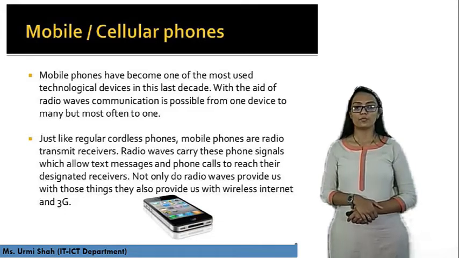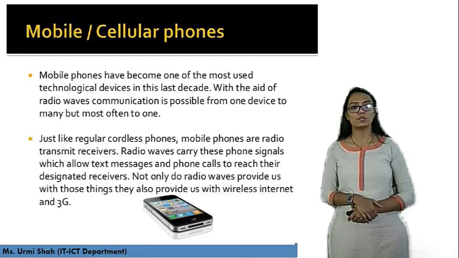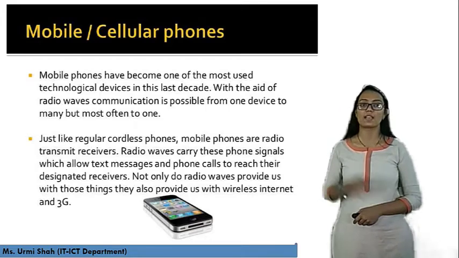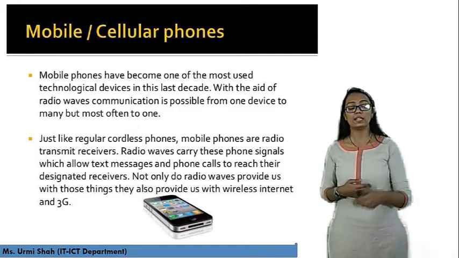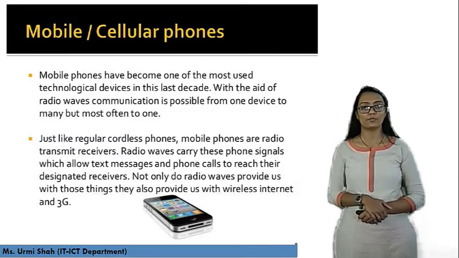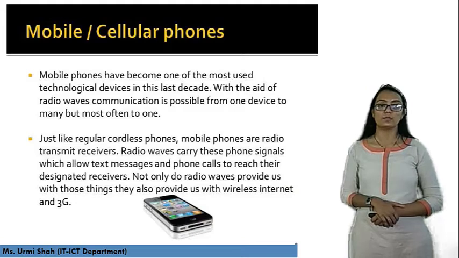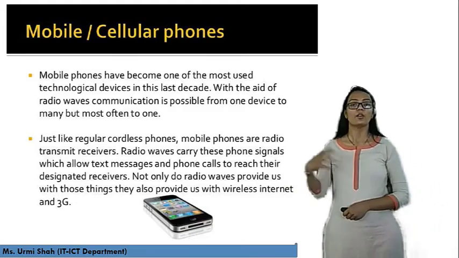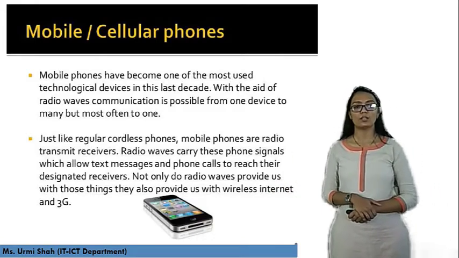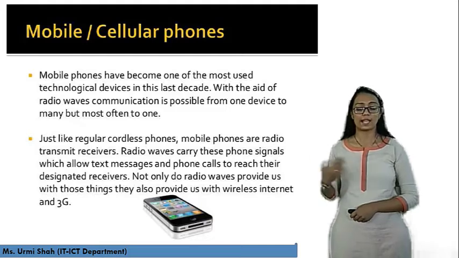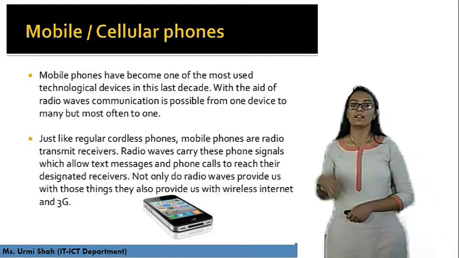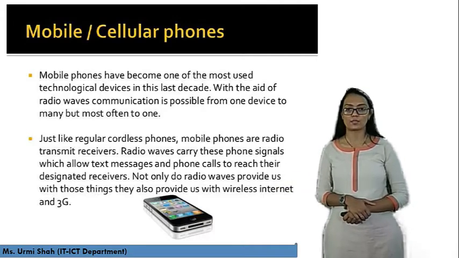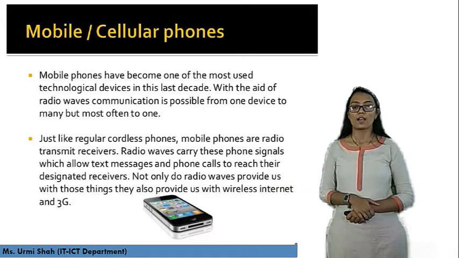Mobile phones have become one of the most used technological devices in the last decades, and with the aid of radio communication waves, it has been possible for them to be used from one device to many more devices. Just like a regular cordless phone, mobile phones are radios that transmit and receive.